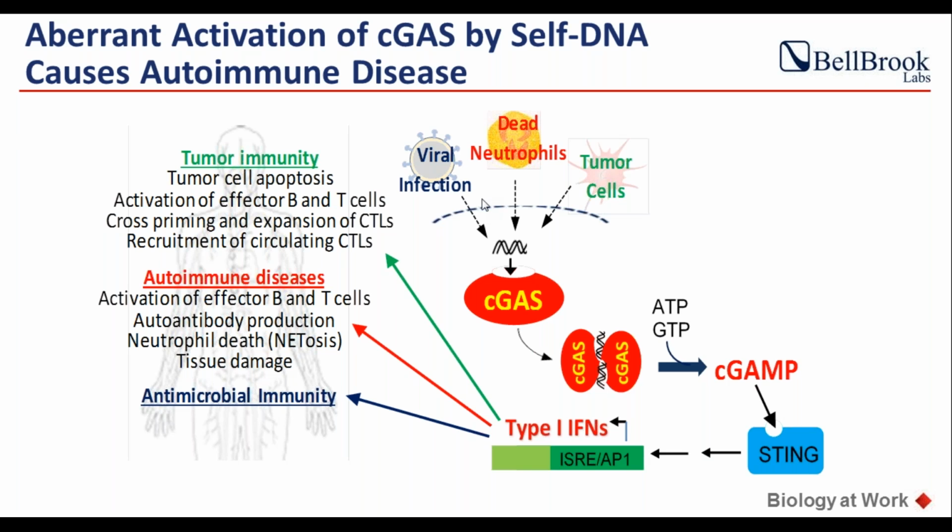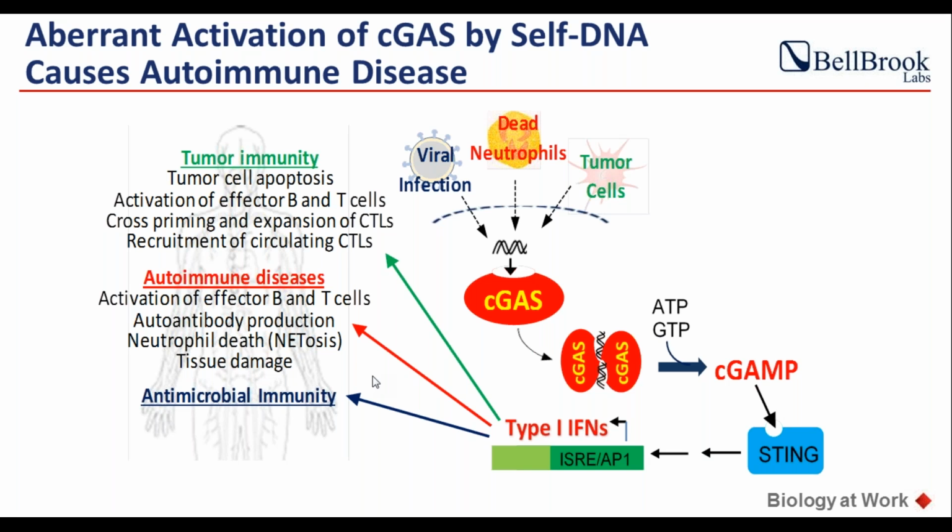Now, because all pathogens actually utilize nucleic acid, either DNA or RNA, the PRRs then recognize those nucleic acid to trigger the immune activation. So in normal cells, our DNA is confined to the nucleus or inside the mitochondria.